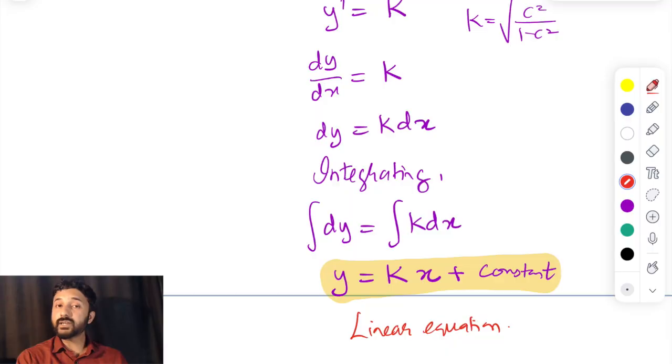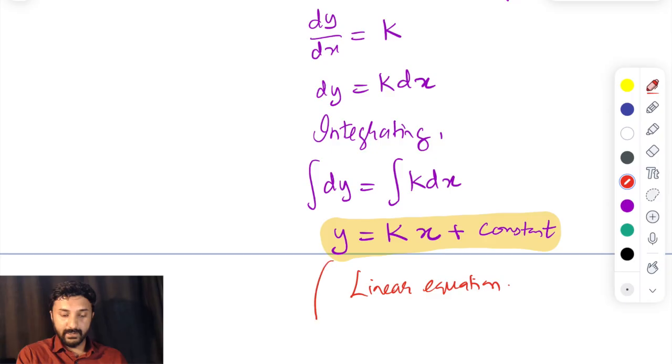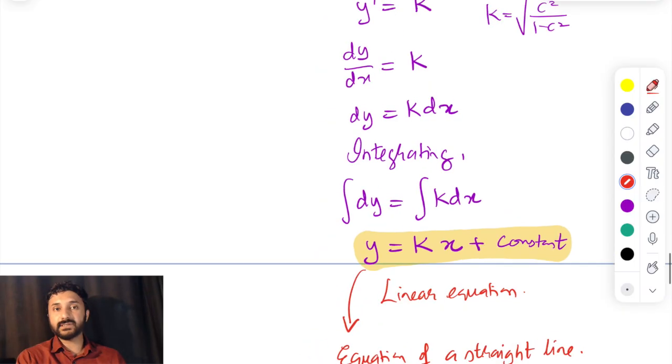But what do linear equations represent? They represent a straight line. So what we have basically is the equation of a straight line.